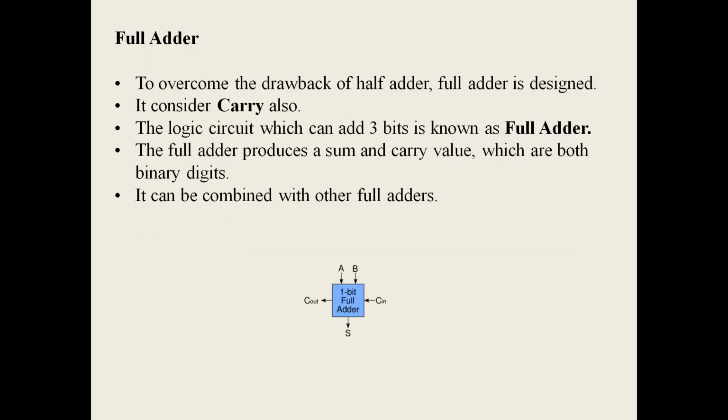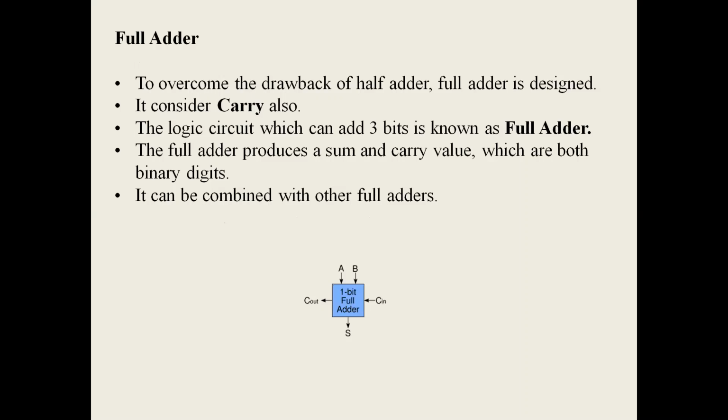As you can see here, to overcome the drawback of half adder, full adder is designed, which considers carry, and that is the only thing which was missing in half adder for complete addition. Therefore the total inputs become 3 bits: 2 bits and a carry.